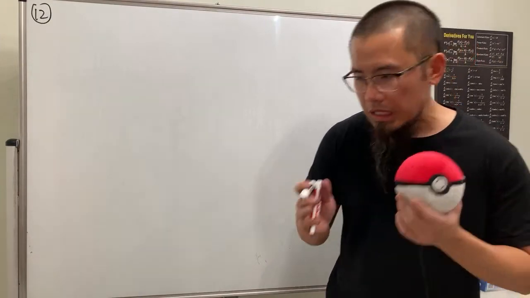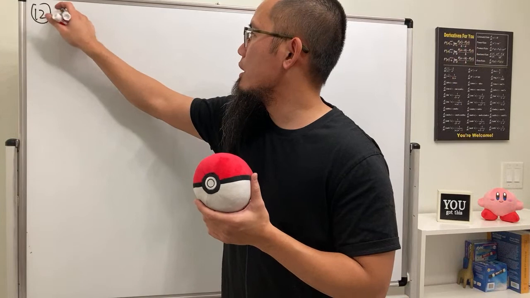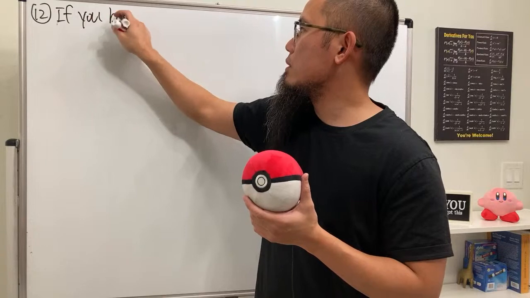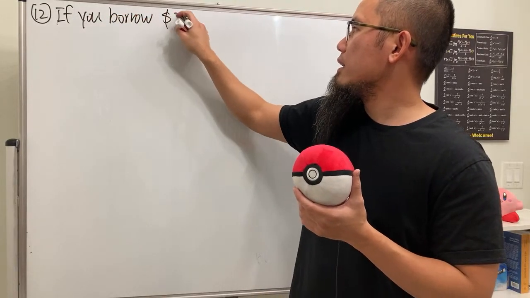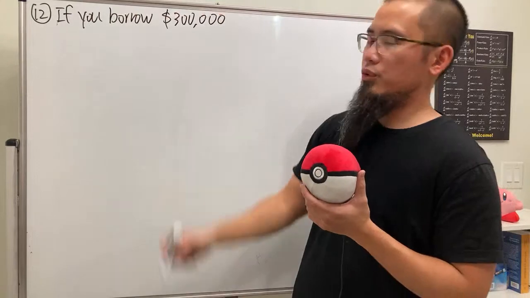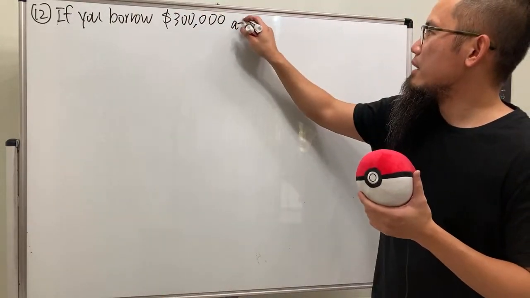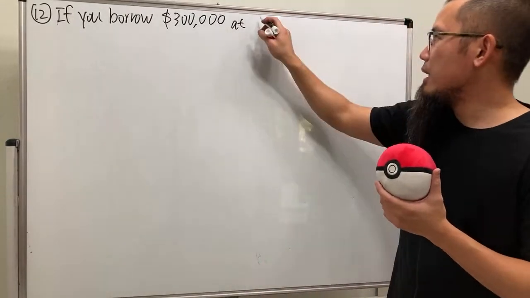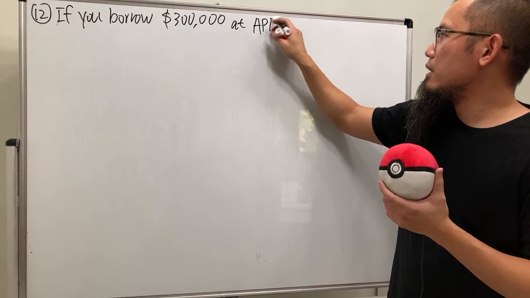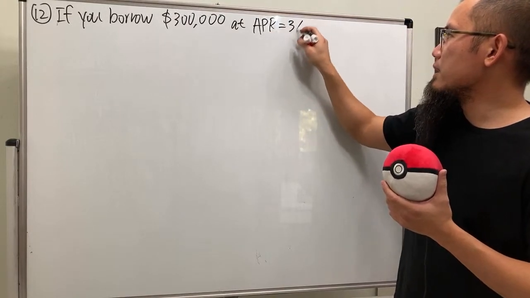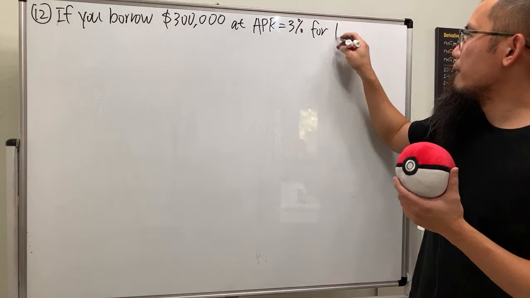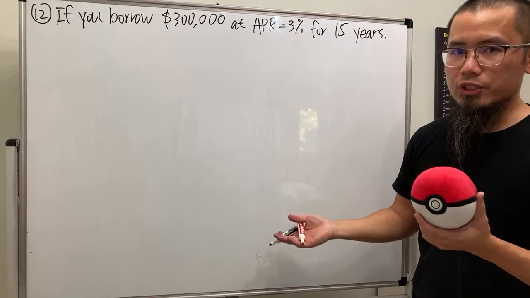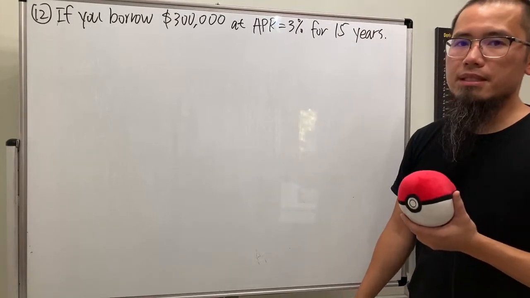If you borrow, let's say, $30,000 to buy a house, and the mortgage rate, the APR, annual percentage rate, is equal to 3% for 15 years, how much is the monthly payment?